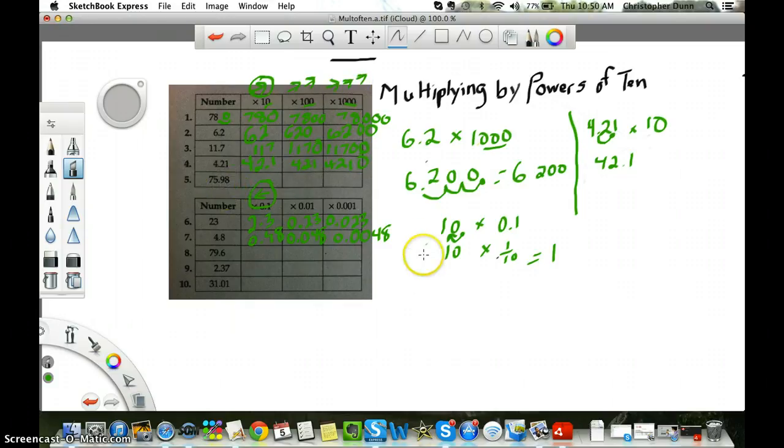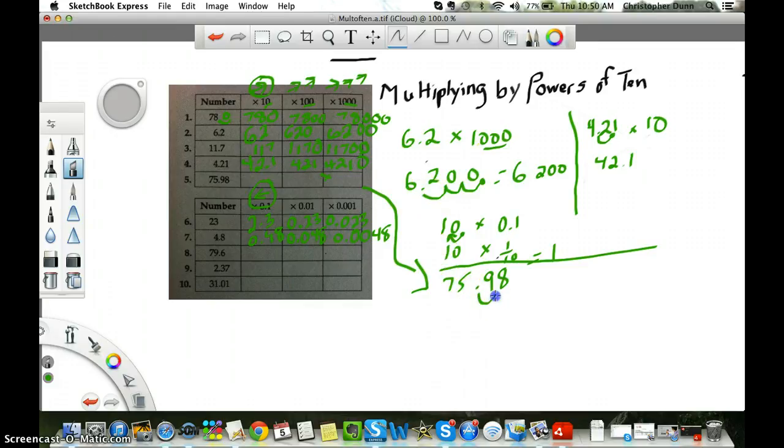So if we take 75.98 and fill in this box here, basically what's going to happen is, we multiply by 1,000, we're moving three spaces to the right.